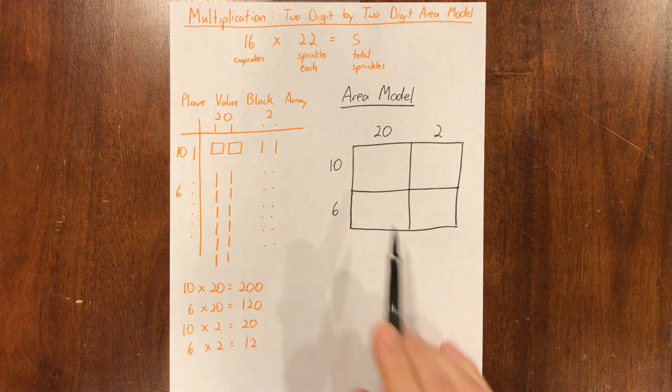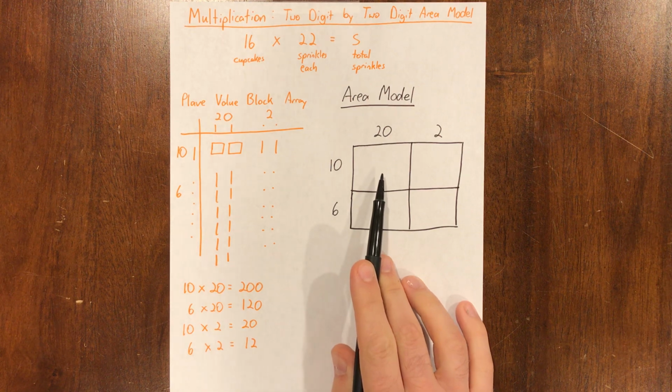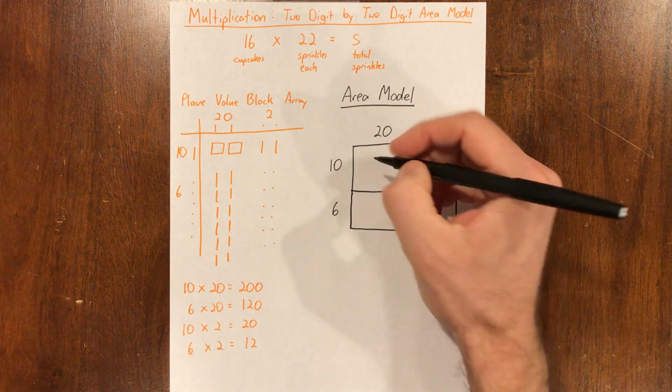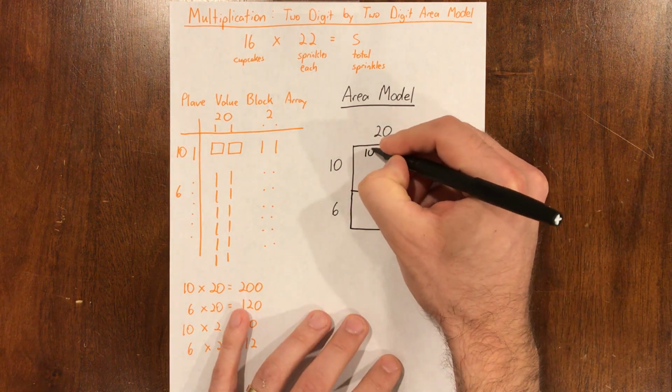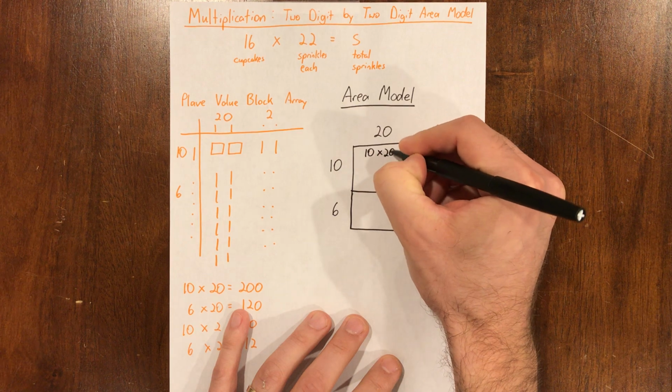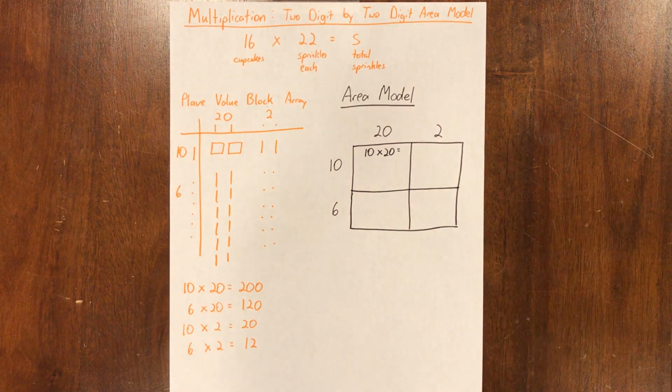Okay, so how would I find the area of this small rectangle right here? Say it out loud. Right, I would take 10 times 20. And what is 10 times 20? How do you know? Say it out loud.